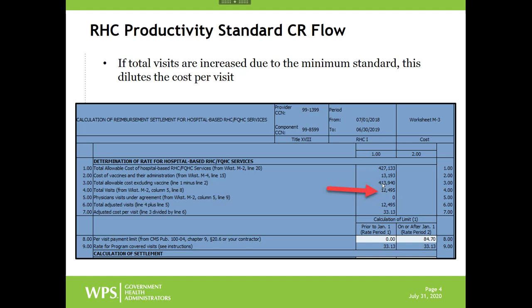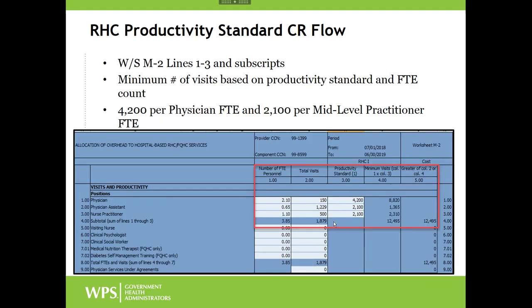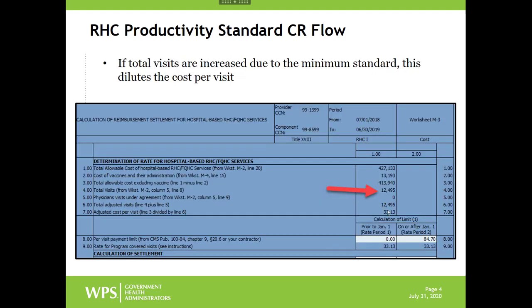So when we divide this 413,000 by 12,495 visits, that adjusted visit count, we get an adjusted cost per visit of only $33. If this were instead divided by the 1,879 visits, this would be a much higher adjusted cost per visit.